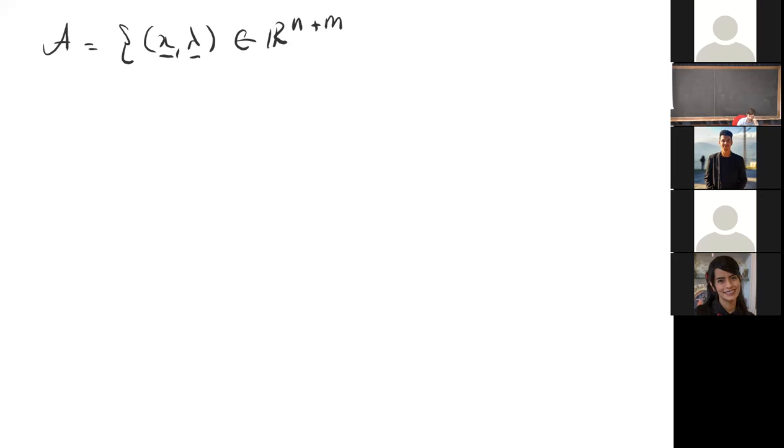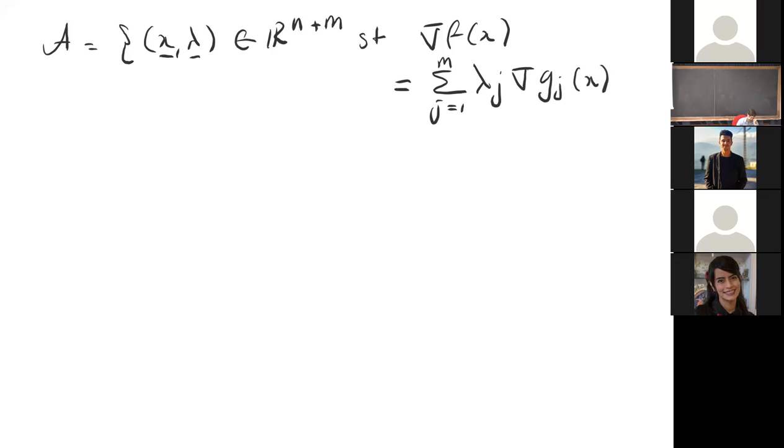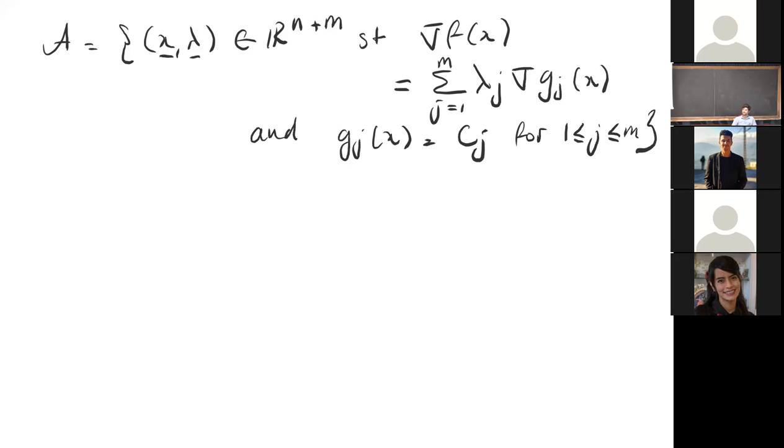Let's say you have m constraints, such that the gradient of f is equal to the sum from j equal 1 to m of lambda_j times the gradient of the j-th constraint g_j, and g_j(x) is equal to, say, c_j. So this is the same, but now we have m constraints. In this case, what you need to align is not just the gradient of f with the gradient of g, but the gradient of f with a kind of weighted combination of the gradients of all constraints, which is this sum. And the Lagrange multipliers are the weights.